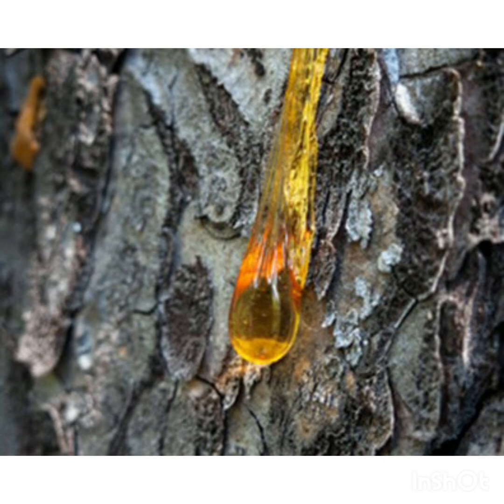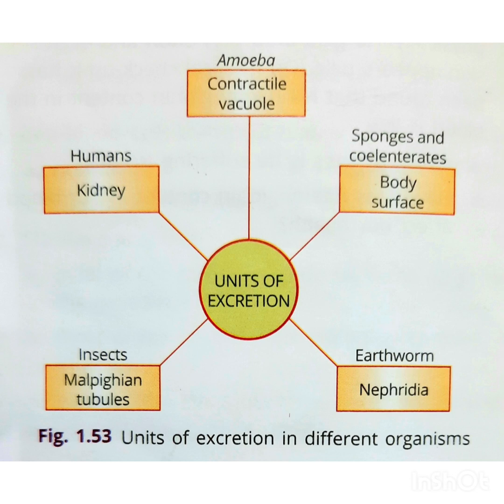Now these are all the excretory saps of various plants. Now we come to the topic of excretion in animals. In animals we have various units as we go from unicellular to multicellular organisms.